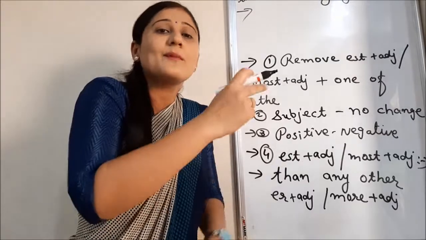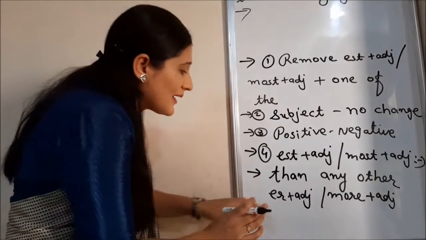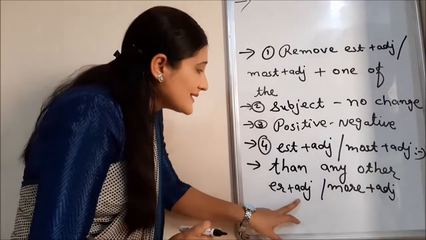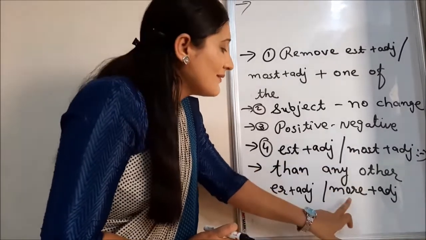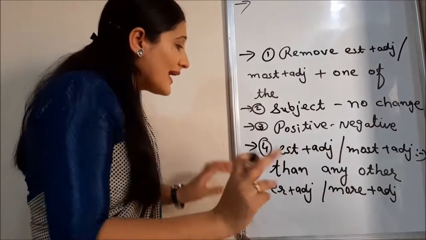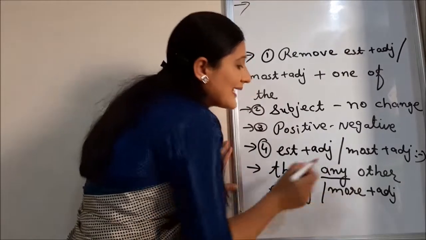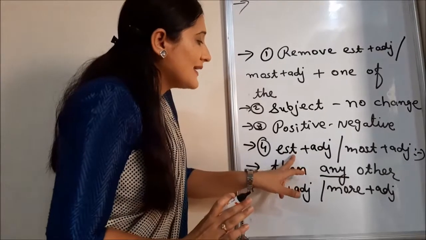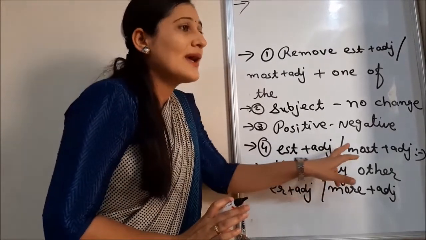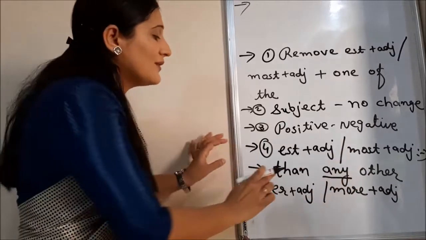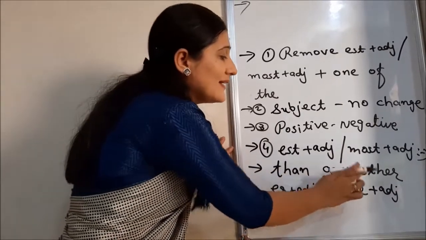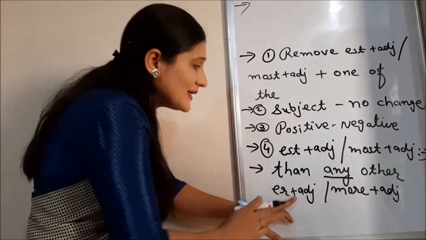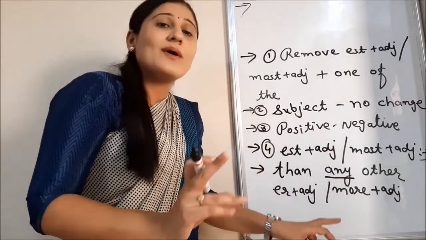When we turn from SD to CD, keep in mind, for EST plus adjective we will write ER plus adjective, for most plus adjective we will write more plus adjective, and at the back we will write then any other. You will not write then many other. If there is EST plus adjective or most plus adjective, we will write then any other. ER plus adjective and more plus adjective will be common in both.